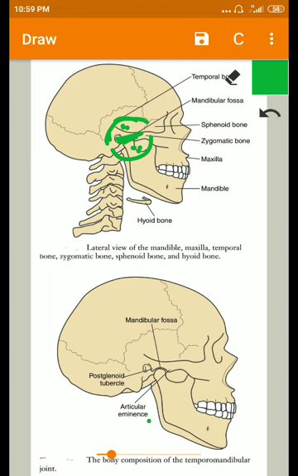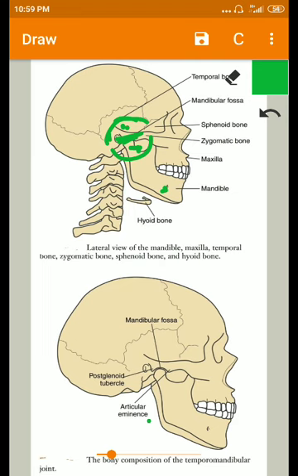All these 4 distinct joints are involved with any motion which occurs by the mandible.